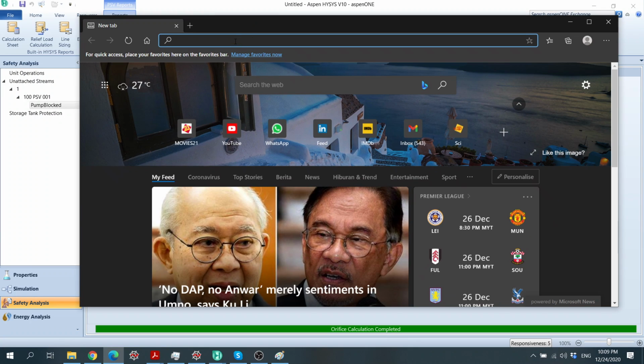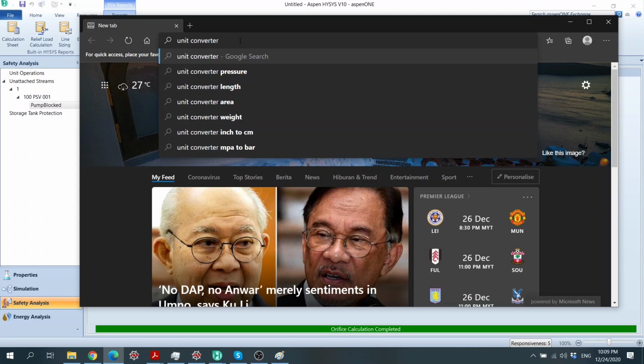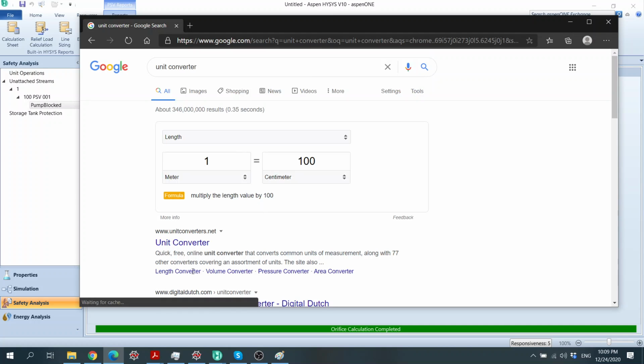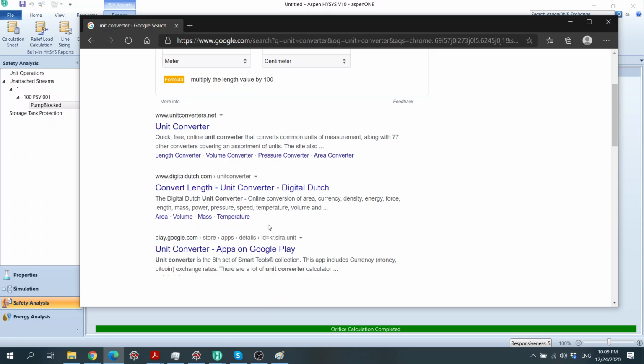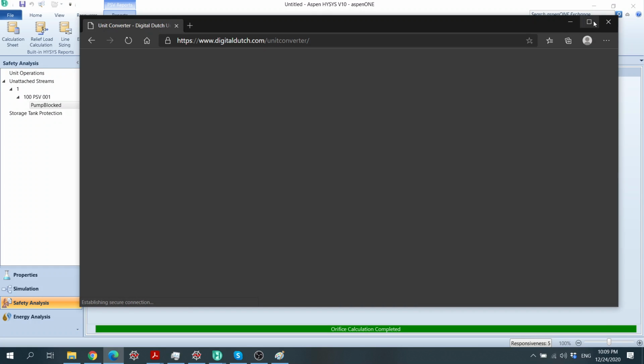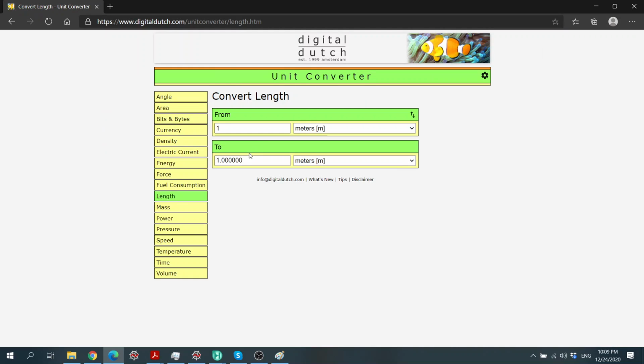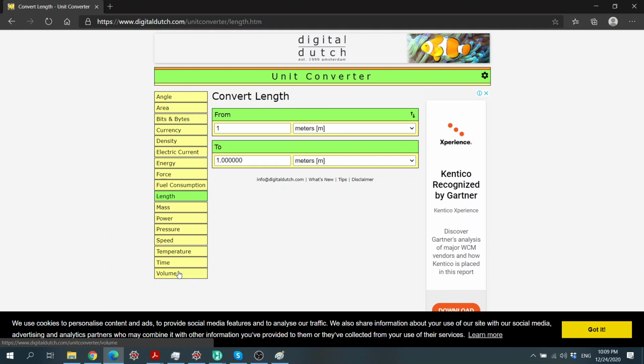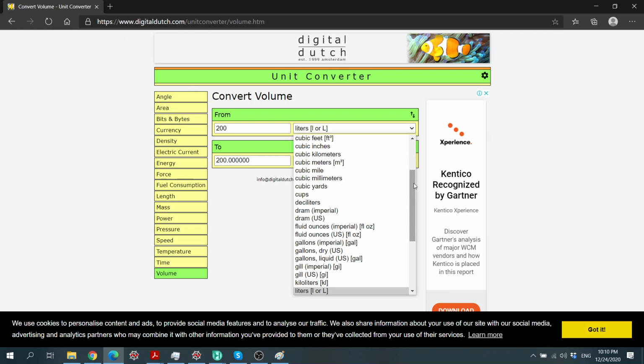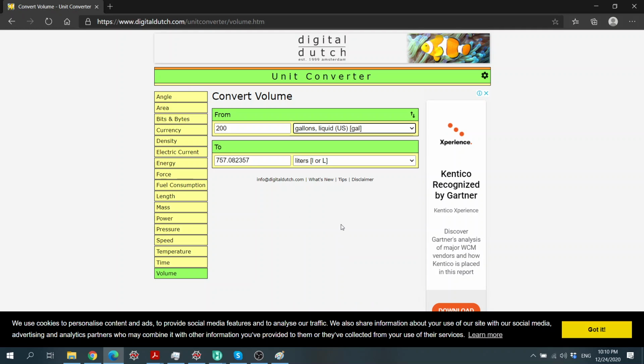We can just ask the unit converter. 200 gallons US.